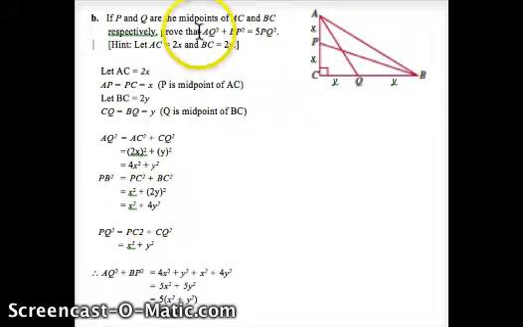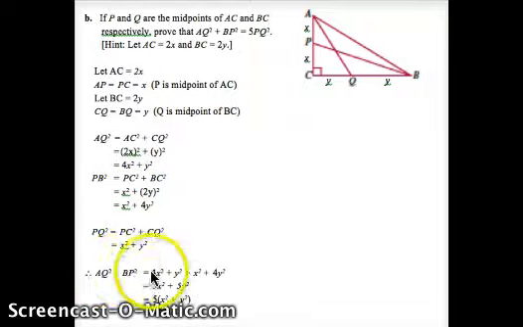Now in the question, we're asked to show that AQ squared plus BP squared equals 5 lots of PQ squared, so it'd be a good idea to add up these two expressions for AQ squared and PB squared. So we can do that now.